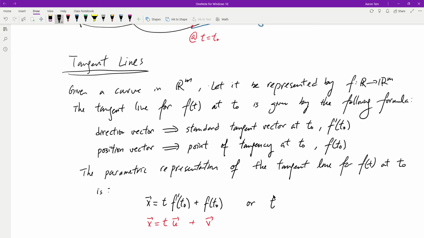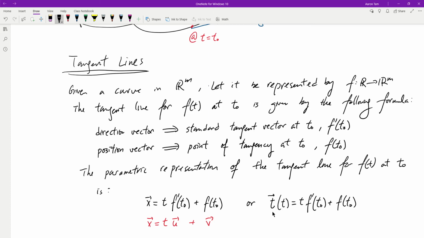In your textbook, it also gives this notation, which they call the tangent line, lowercase letter t, because we usually use lowercase letters to represent lines and uppercase letters to represent planes. To indicate that this is a line in vector form, they say vector T of t is equal to t times f prime of t sub 0 plus f of t sub 0.